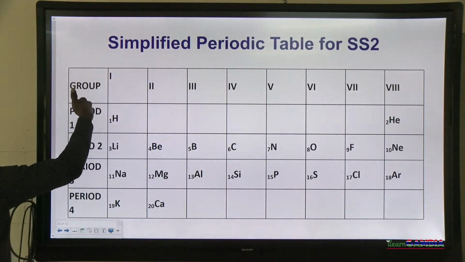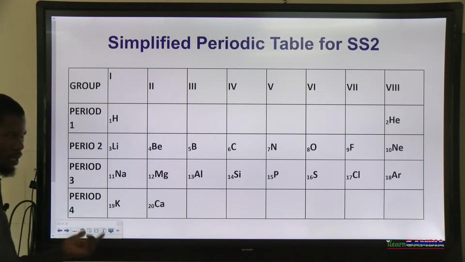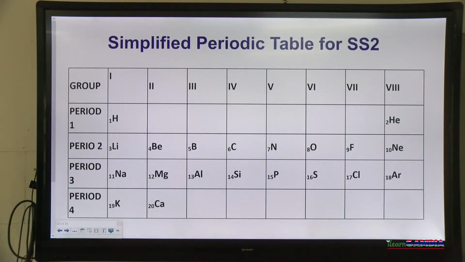And we have period 1, period 2, period 3, period 4. That is where we are going to stop at this level of our science.